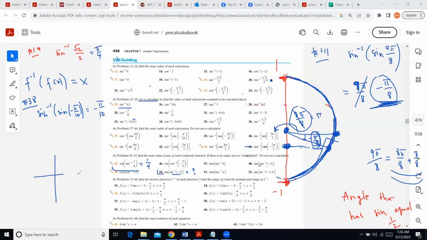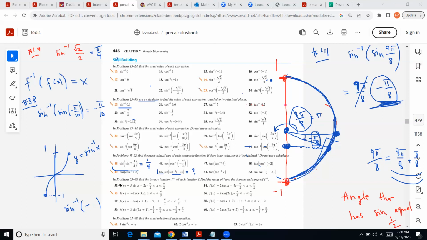Notice that if you look at the function arcsine again, the graph is only between minus and +1. So if somebody says, Alex, what about -2? What if you take arcsine of -2?